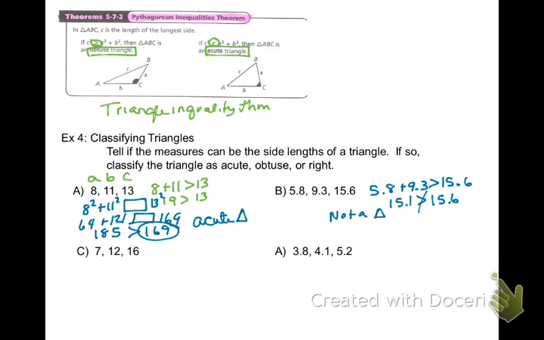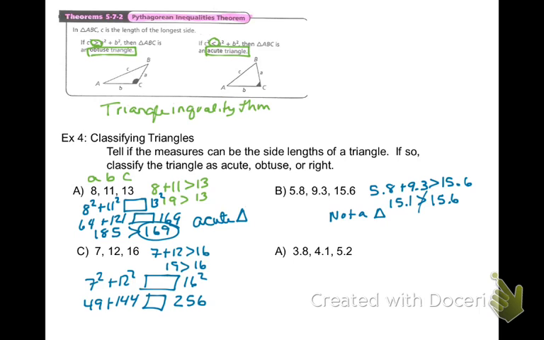C. Again, we have to try it out. 7 plus 12 is greater than 16. That is 19 is greater than 16. Yes, that is true, so you can do it. 7 squared plus 12 squared is something to 16 squared. 49 plus 144 is something to, I don't know what 16 squared is, 256. 49 plus 144 is 193.